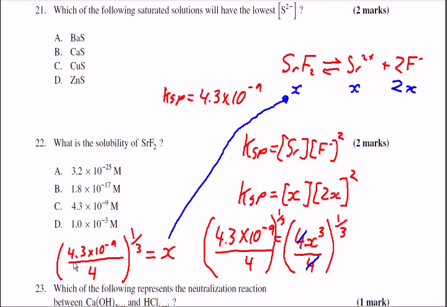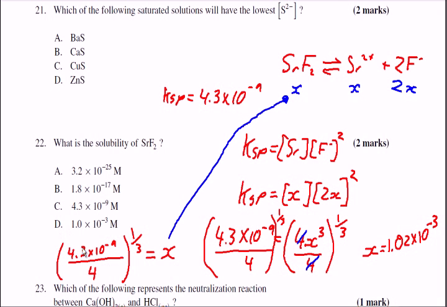So we plug this into our calculator, 4.3 times 10 to the minus 9 divided by 4, and then we go to the power of 1/3, and I get a number that looks like this. x equals 1.02 times 10 to the minus 3.